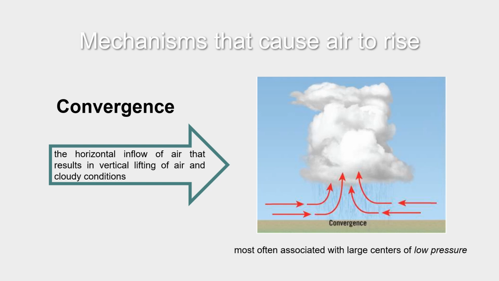Convergence can also occur when an obstacle slows or restricts the horizontal airflow, or the wind. For example, when air moves from a relatively smooth surface, such as the ocean, into an irregular landscape, there is increased friction that reduces its speed, and the result is a piling up of air, or convergence.